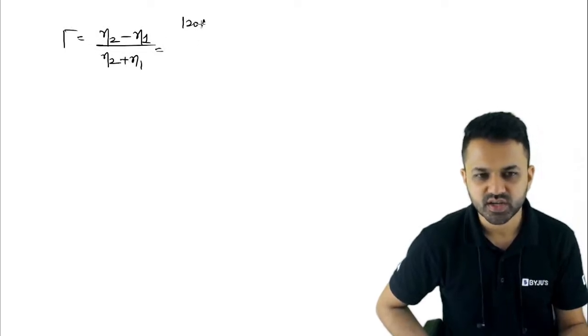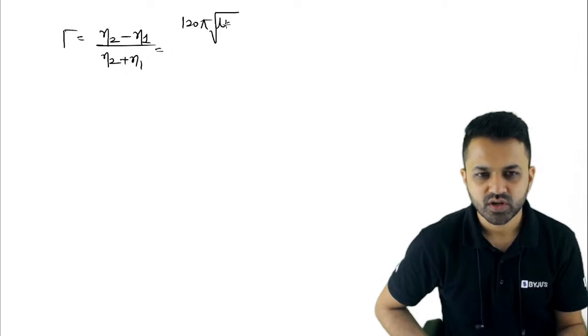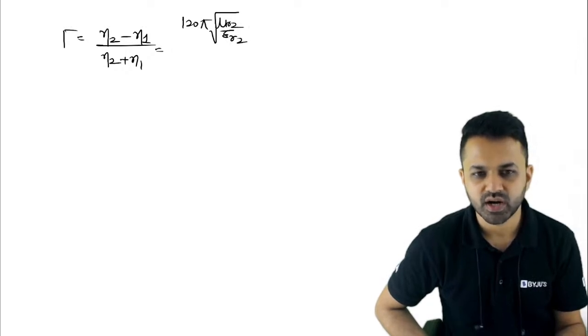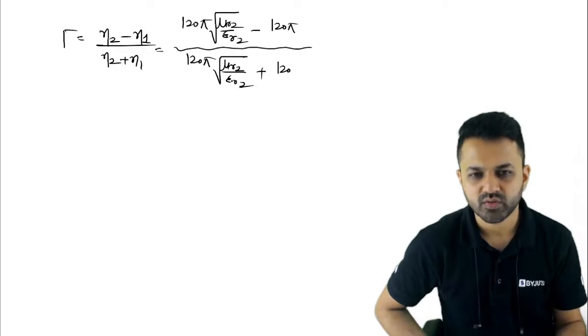So it is 120 pi root over mu R2 divided by epsilon R2, minus 120 pi, divided by 120 pi root over mu R2 divided by epsilon R2 plus 120 pi.